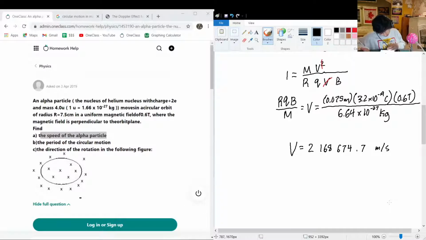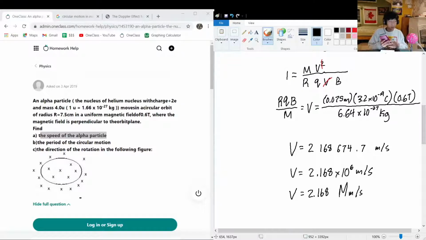Another way that we could write this is v equals 2.168 times 10 to the 6 meters per second, or we can say 2.168 mega meters per second, because mega is another way of saying a million. But this would be how we find the velocity.